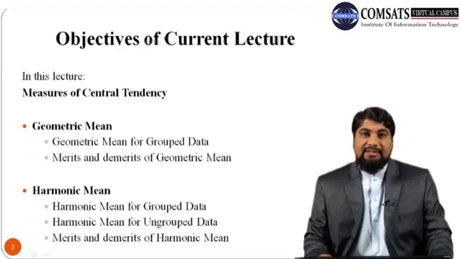Then we will discuss the harmonic mean, which is also a measure of central tendency. We will discuss how to calculate the harmonic mean for the ungrouped data and for the grouped data. And then we will also discuss the merits and demerits of using the harmonic mean as a measure of central tendency. So let's start.